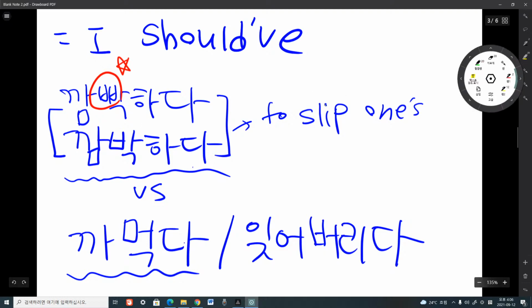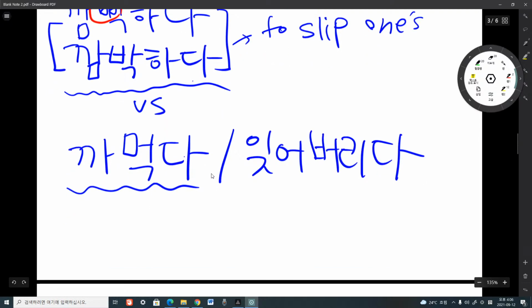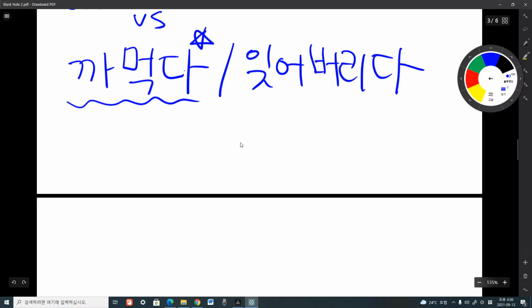그래서 까먹다 would mean to forget something, as in I forgot the meaning of this word. I learned this word, but that meaning is not in my head. I forgot. Then you can say 까먹다. So for example, if you want to say I forgot that today is my mom's birthday, or I forgot my mom's birthday.